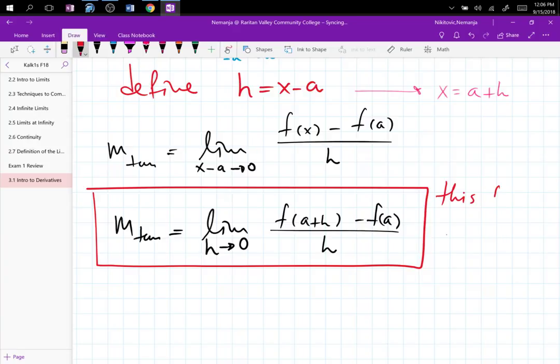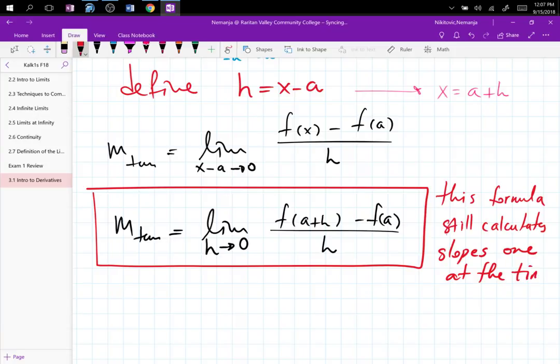This formula still calculates slopes one at a time, because we have a, and a is a specific point, a specific location.